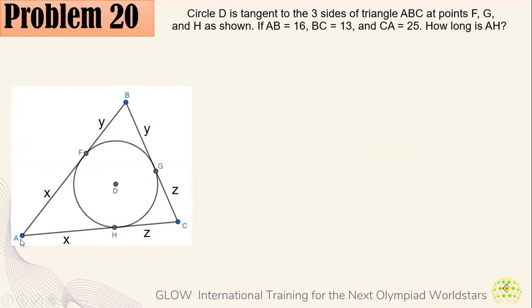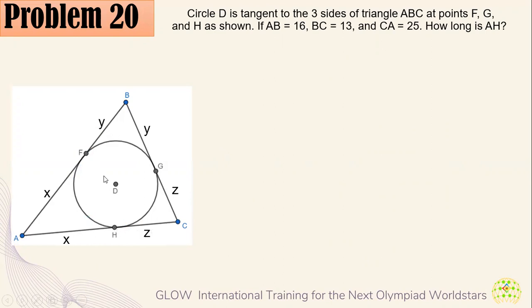So for point A, I have here the two tangents, AH and AF. And what is good about these two tangent segments drawn from one external point is that they are in fact congruent with one another. That's why AH and AF are equal to x in this representation. BG and BF are also both equal to y. And CG and CH are both equal to z here.